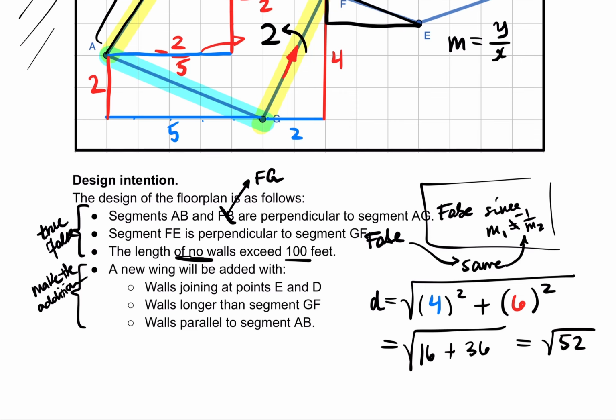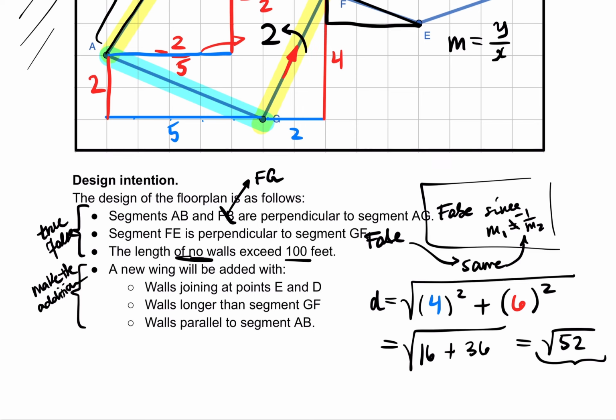Now the problem with this is how many squares there are. There's a square root of 52 squares from here to here on this line, whatever number that is. So in our calculator, and I'm just doing this in my phone calculator, but you can do this anywhere, Desmos or something like that.